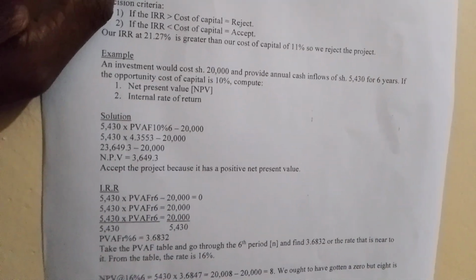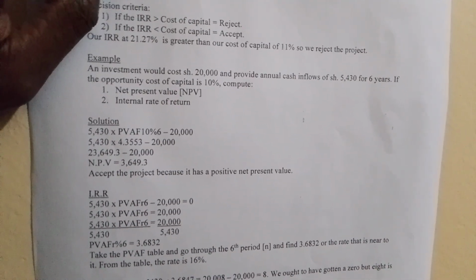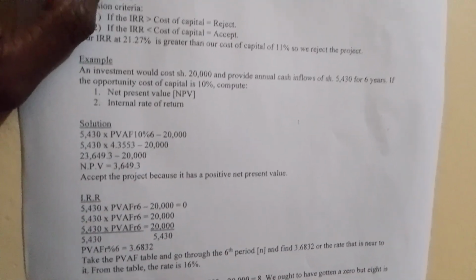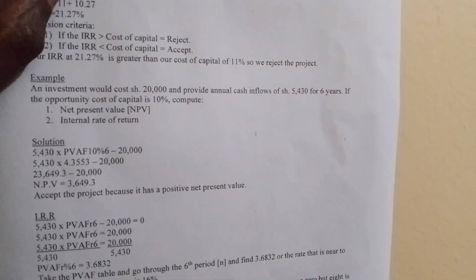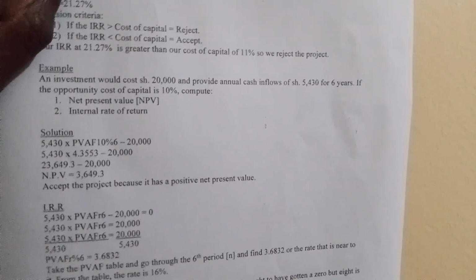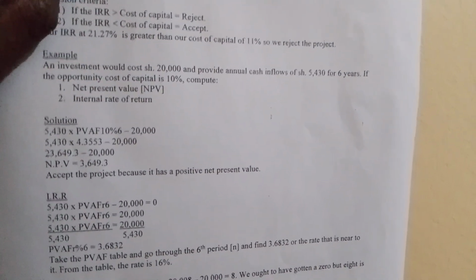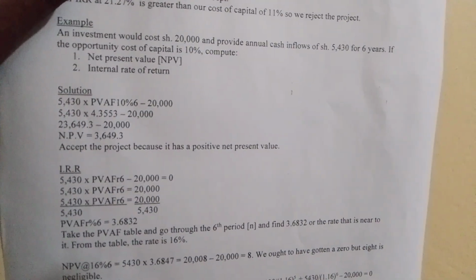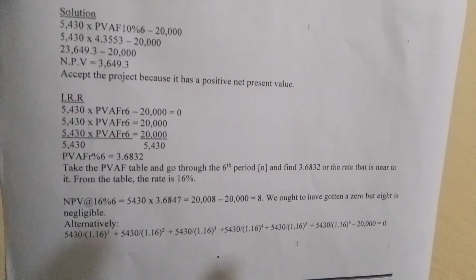The other illustration: an investment would cost shillings 20,000 and provide annual cash inflows of shillings 54,30 for 6 years. If the opportunity cost of capital is 10%, compute net present value. We did NPV yesterday. Then internal rate of return. Now this is a little bit tricky for you, but the solutions are there.